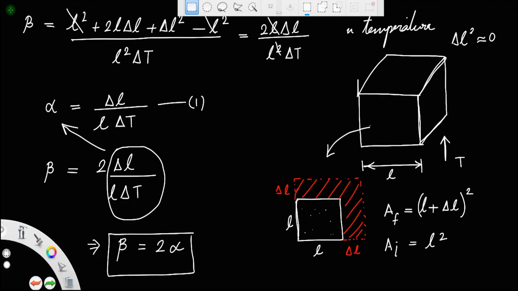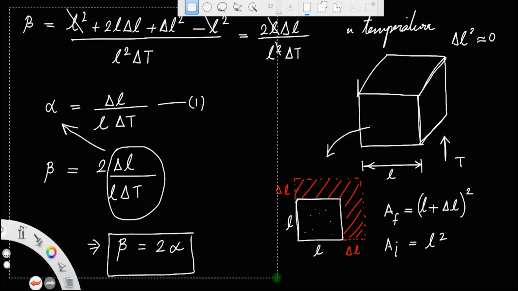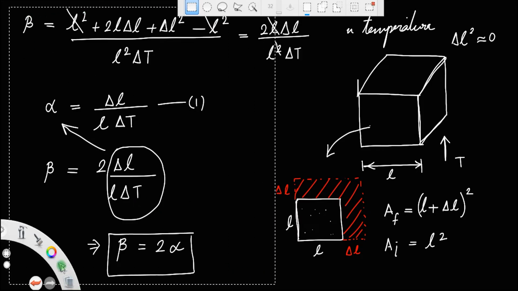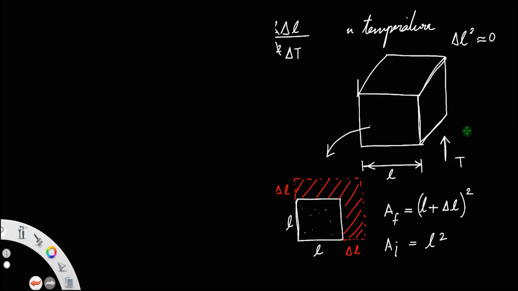Again, let's erase this. We have alpha equal to change in length divided by original length per unit rise in temperature. That's equation one. There is another factor called gamma.